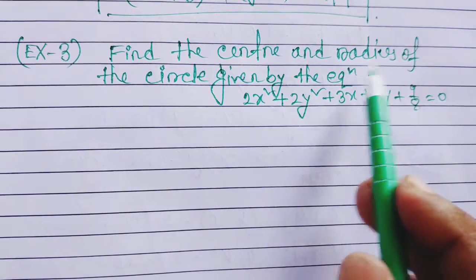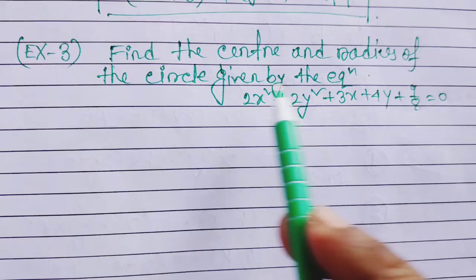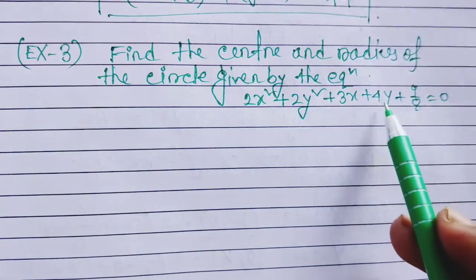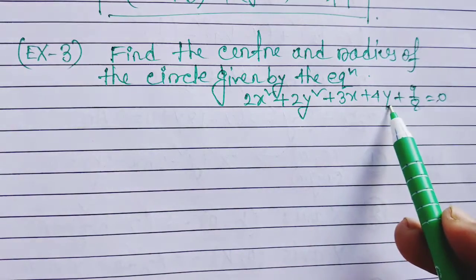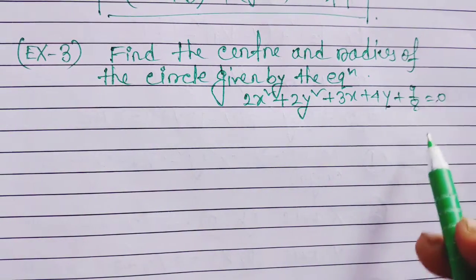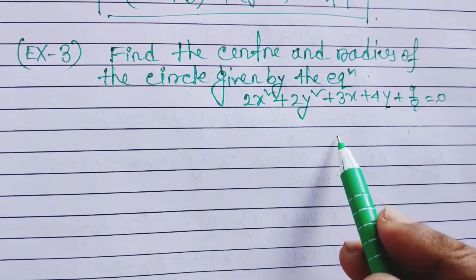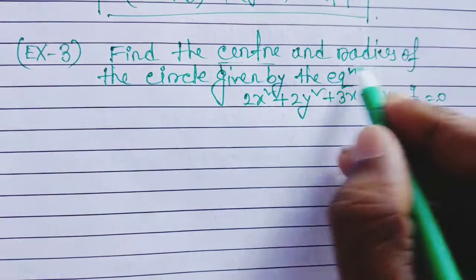Now try to solve example number 3. Find the center and radius of the circle given by the equation 2x square plus 2y square plus 3x plus 4y plus 9/8 equal to 0. So this is our given equation and we have to find the center and radius.